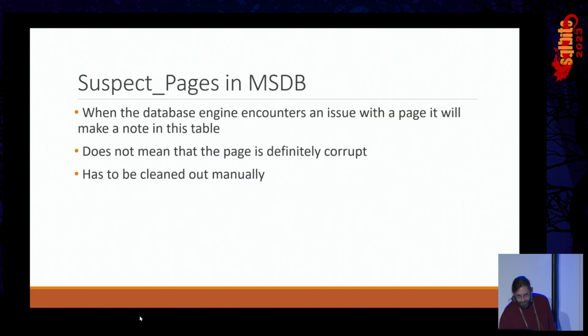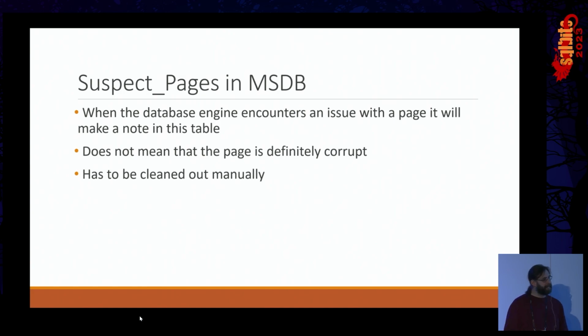So let's talk about suspect pages before moving on to DBCC. There's an interesting thing that happens. Whenever SQL Server suspects that a page might be corrupt, it makes a note of it. And that note is in MSDB, in the suspect pages table.